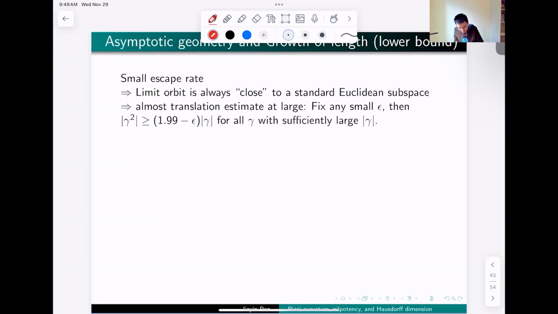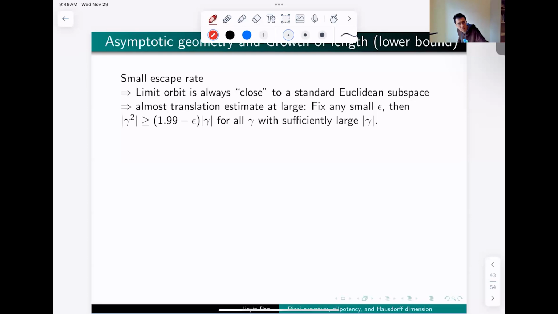Now go back to the previous result that we said: if you have small escape rate, then it is virtually abelian. Before, we mentioned that zero escape rate gives you that limit orbits are convex, and then that limit orbits are standard Euclidean subspaces.